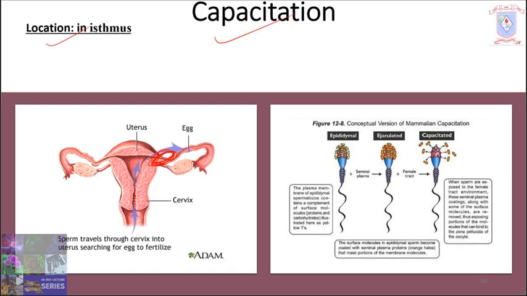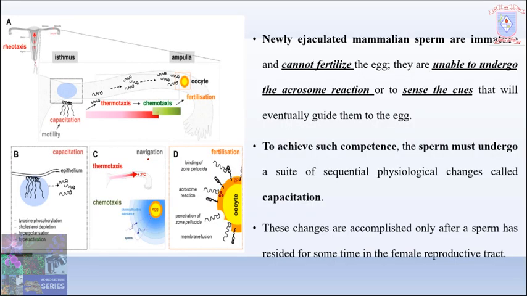The normal human ejaculate contains many tens to hundreds of millions of motile spermatozoa, as I already mentioned, and in this large quantity of sperms, only a few sperms are eligible or selected by the female reproductive tract to compete to win the egg. Okay, so the capacitation process is taking place inside this isthmus area. Okay, here this is the isthmus.